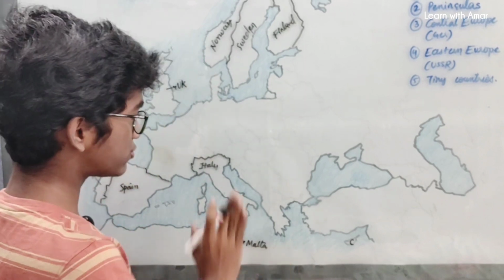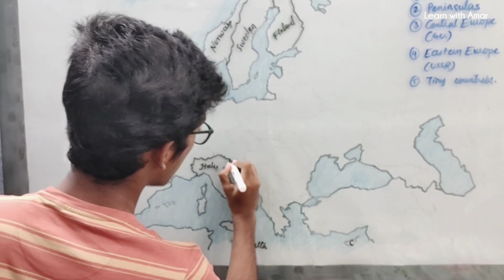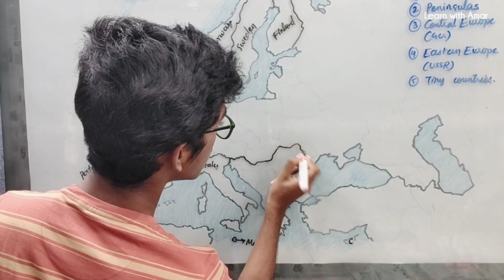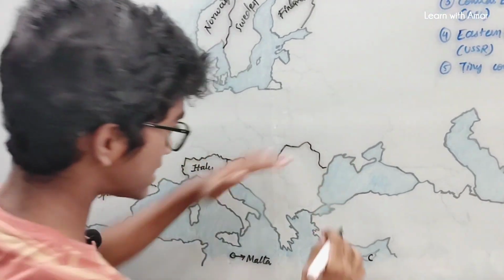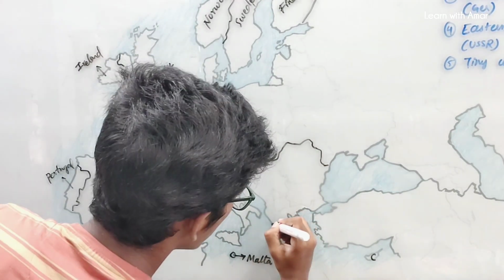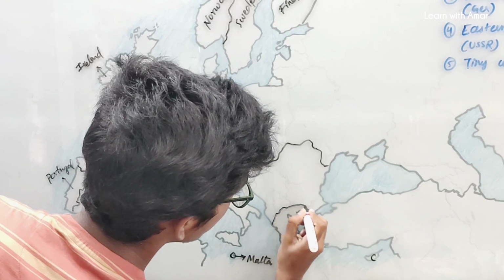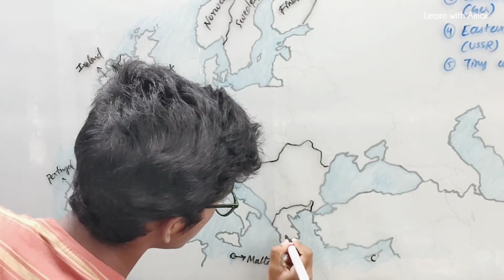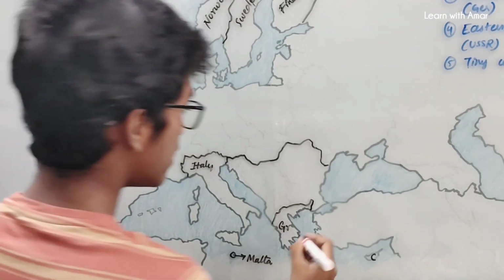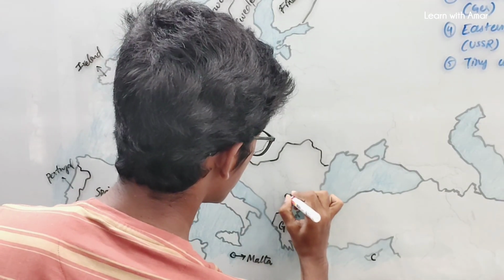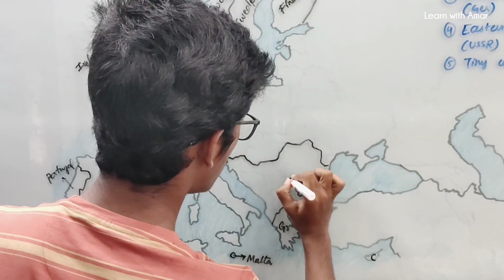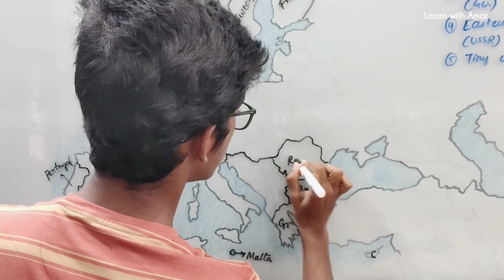Now, the last peninsula is the 4th peninsula. It is the Balkan Peninsula. We consider these countries under Balkan Peninsula. As we say Balkan, we find the first country, important one, famous also, it is Greece. Right, the southernmost one. And above Greece, over here, we find Bulgaria, and above Bulgaria we find Romania.